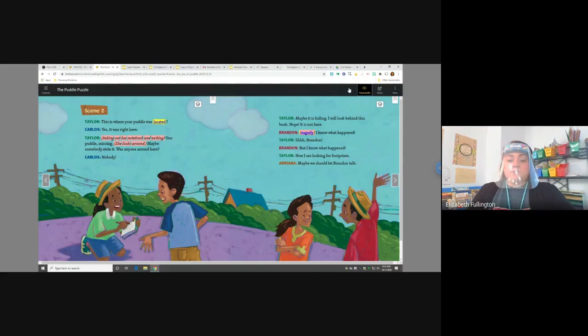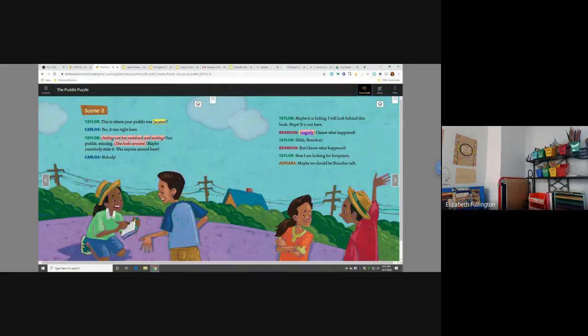Scene 2. Taylor, this is where your puddle was located? Carlos, yes, it was right here. Taylor, taking out her notebook and writing. One puddle missing. She looks around. Maybe somebody stole it. Was anyone around here? Carlos, nobody, Taylor. Maybe it is hiding.